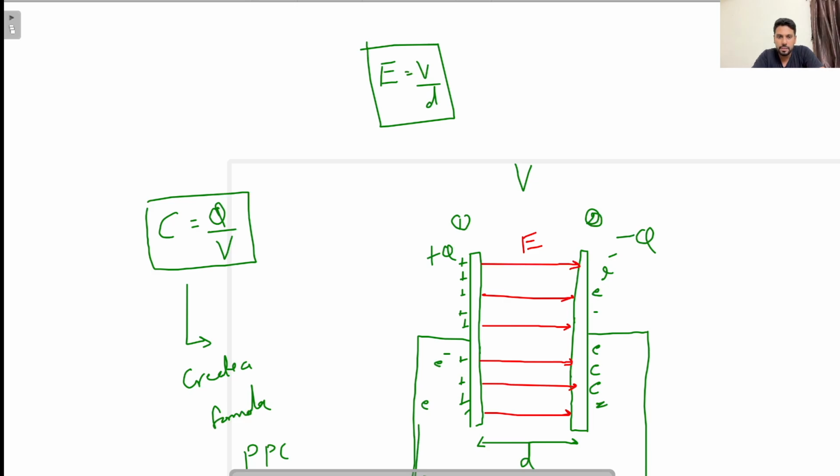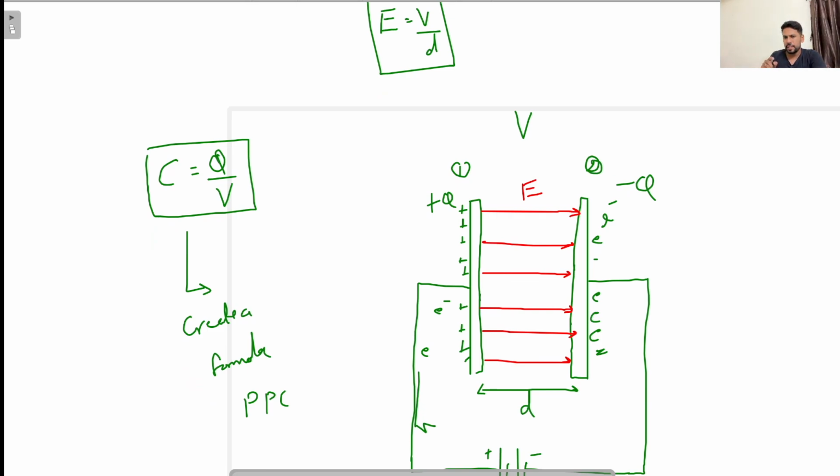Now what I need to do here is find the capacitance value, right?